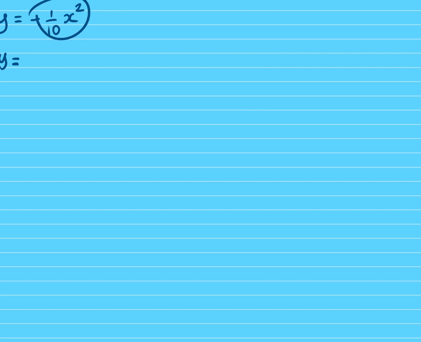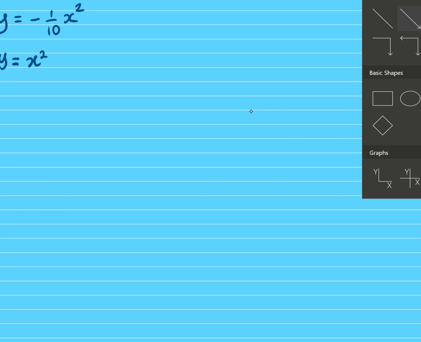The most basic of this is just y equals x squared, before the 1 over 10 and the negative comes into it. What we're looking for is just to consider whether this is a function or not. And this sketching of the graph definitely helps us to determine if that is the case.